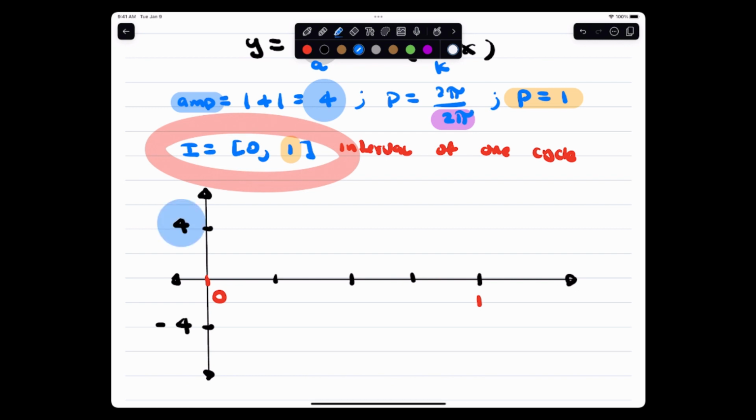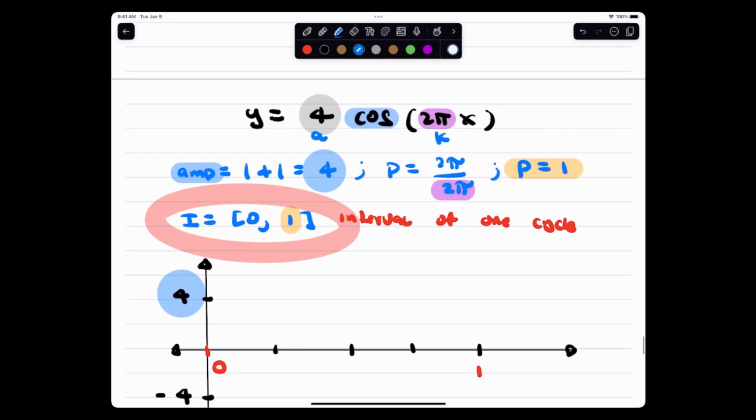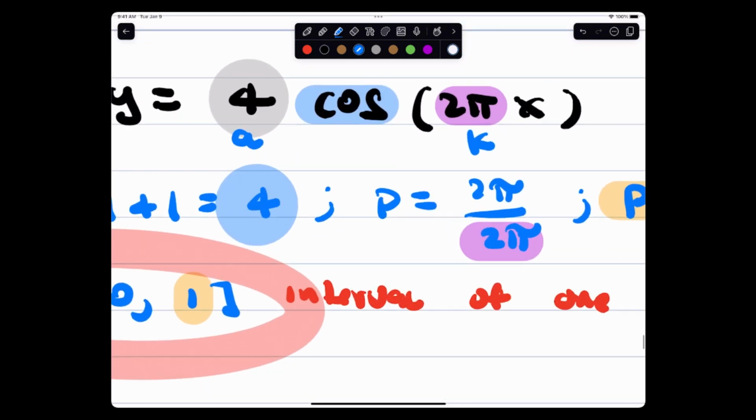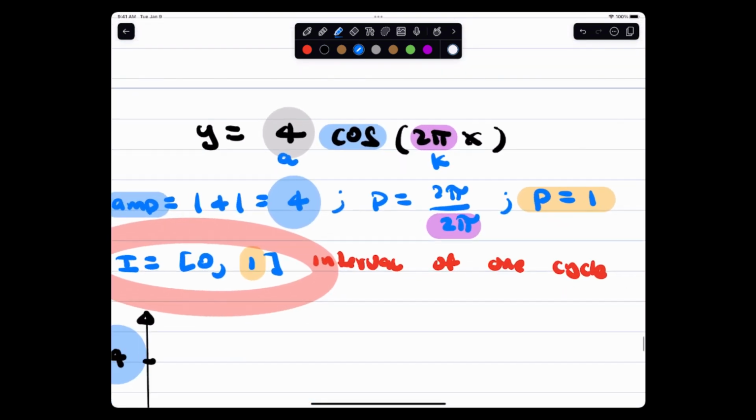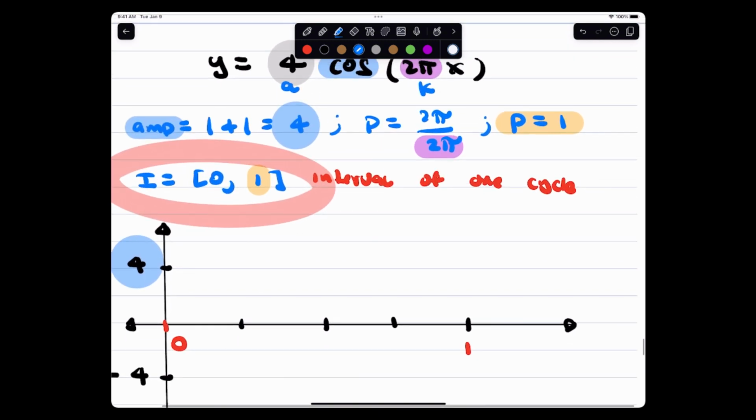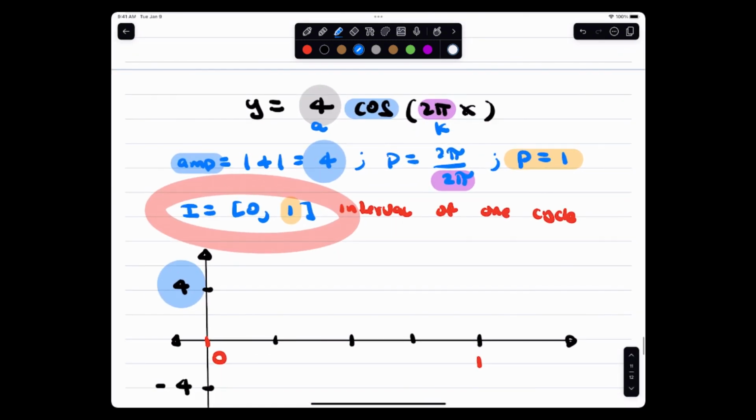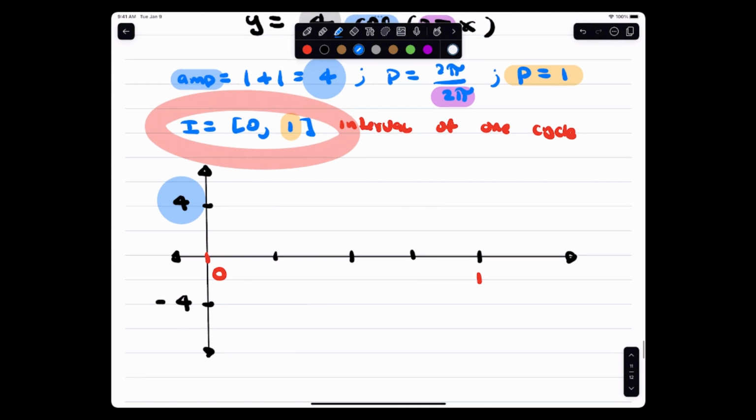Now, I want to remind you guys something here. This is a different curve. What curve is this? This is cosine. So how does cosine behave? Do you guys remember how cosine behaves? Cosine starts at the what? At the maximum value. Is that true? Cosine starts at the maximum value. It goes to the x-intercept, and then it goes to the minimum value.